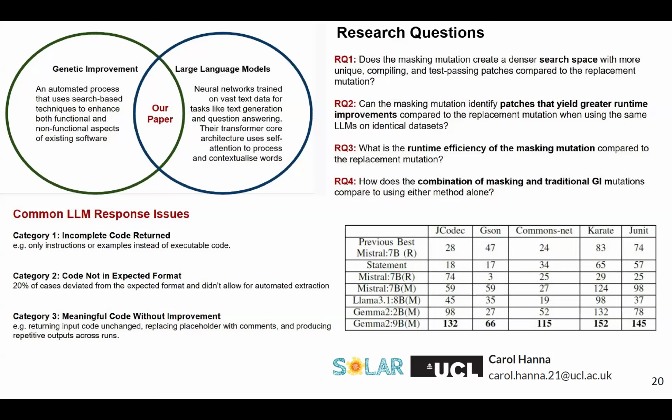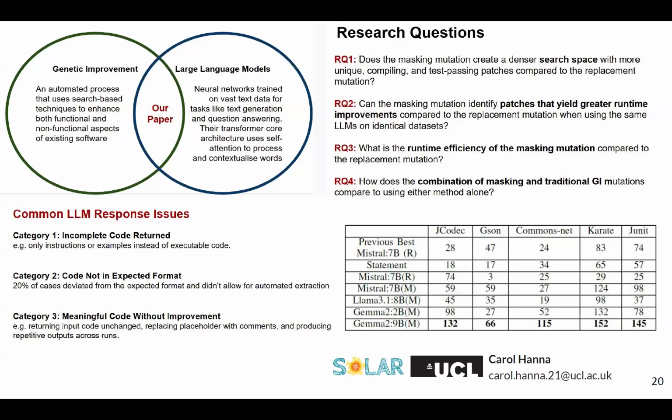Was it generating completely new code or something that you could have potentially discovered through more traditional edits? You're talking about qualitatively analyzing the patches and seeing whether this is something that a traditional GI edit could not have produced. Was the LLM producing something more cleverly as a shortcut, or was it producing something that was outside the search space?